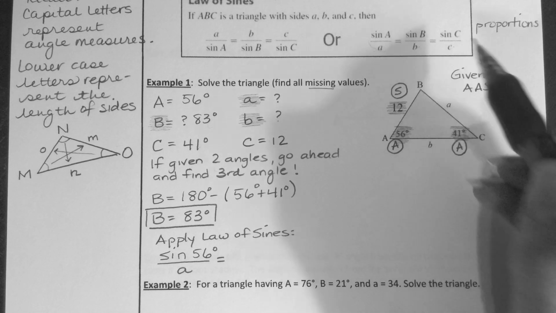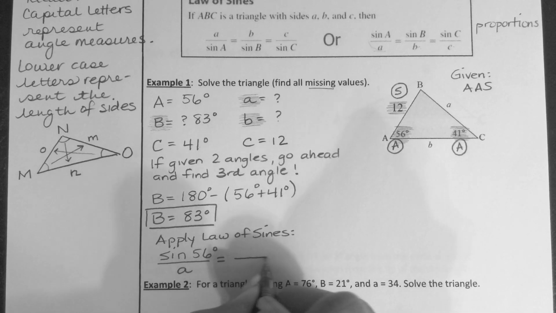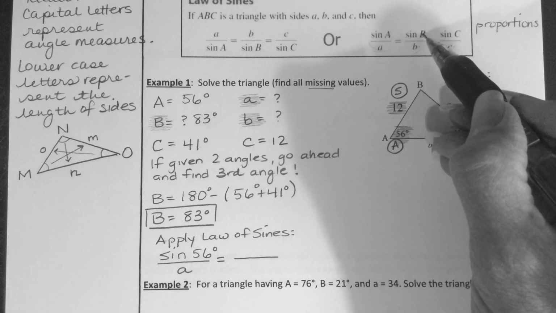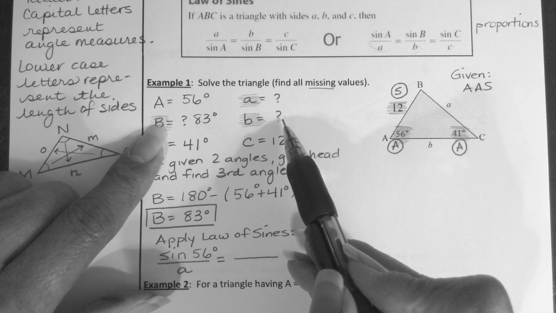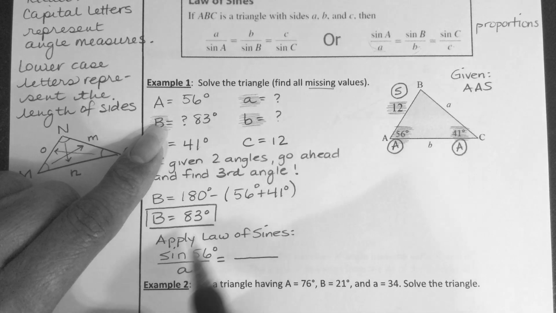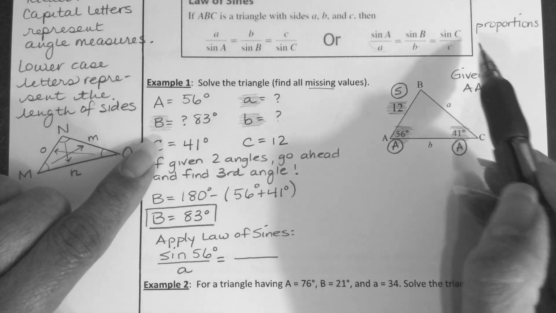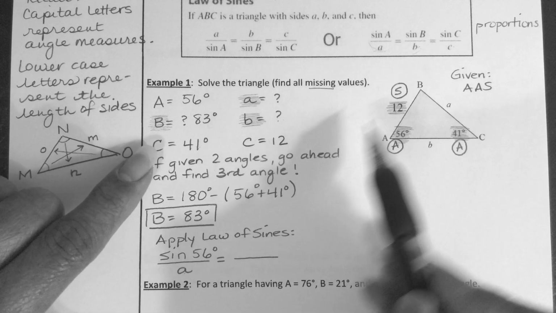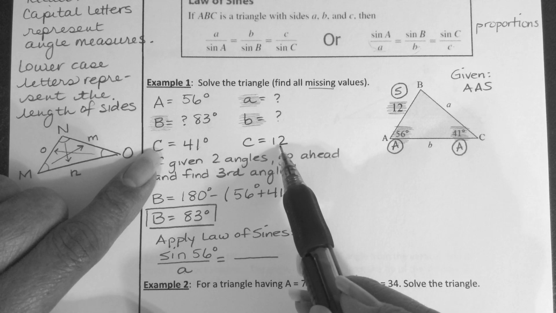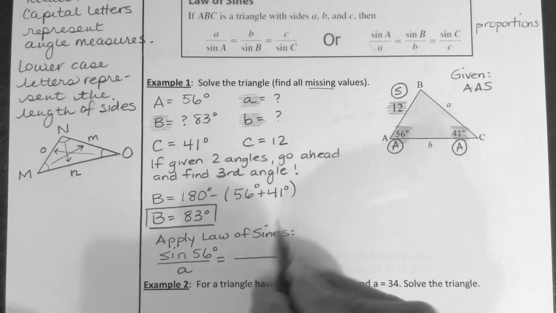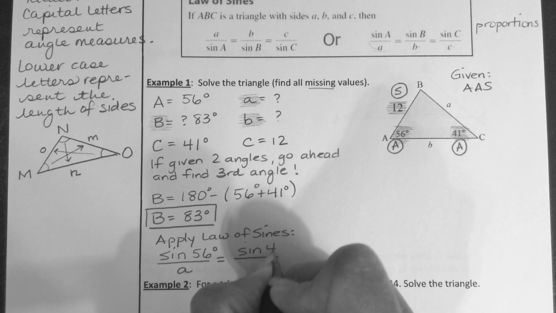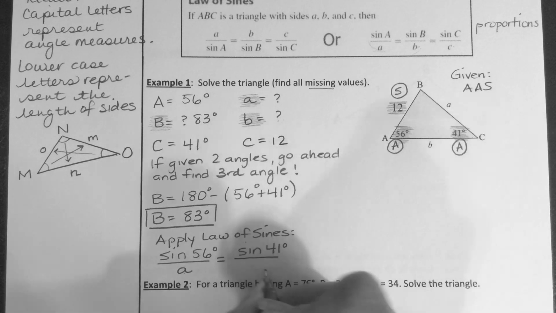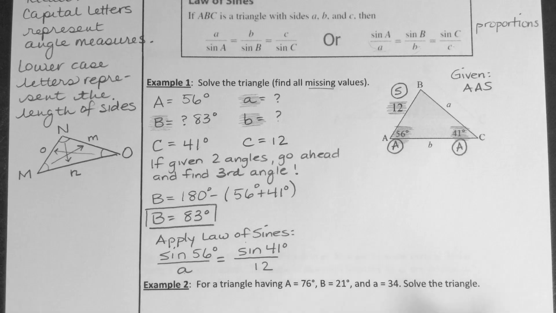Well, if I use sine b over b, I'm going to put sine 83 over lowercase b, and I already have an unknown, so I can't do that one. So I'm going to choose sine c over c. I'm always going to want to choose the one that I already know. So sine c is sine of 41 degrees, and lowercase c is 12 units long.